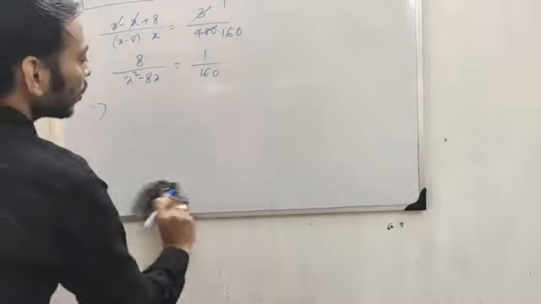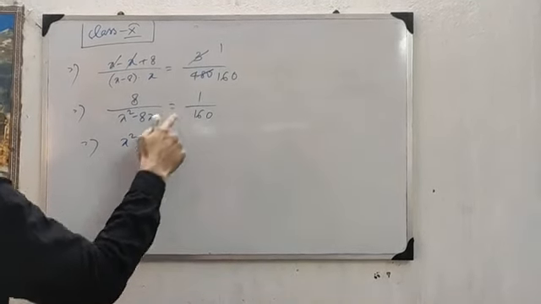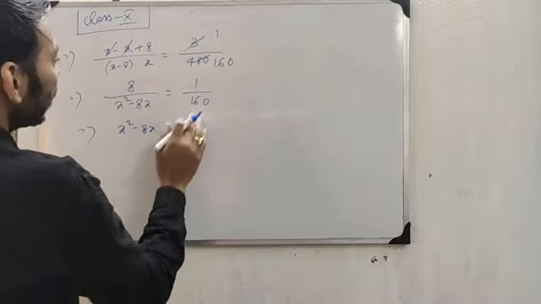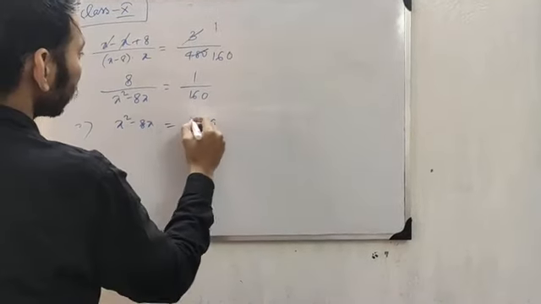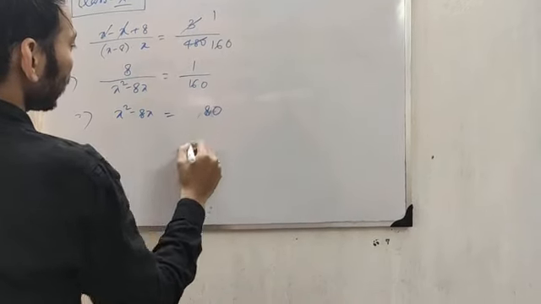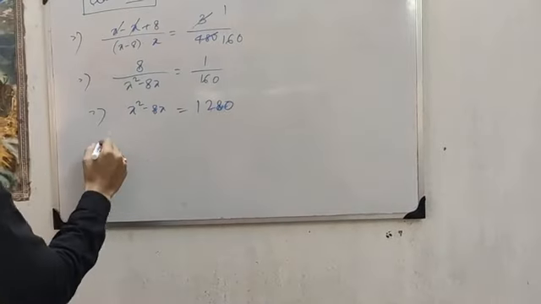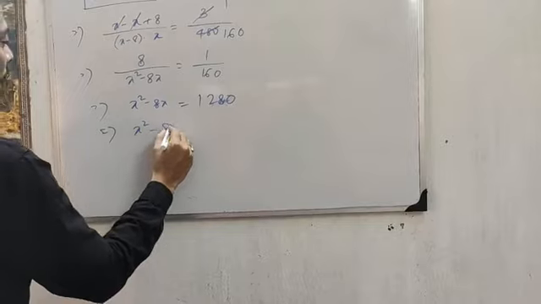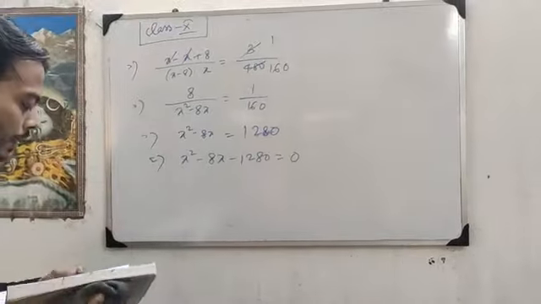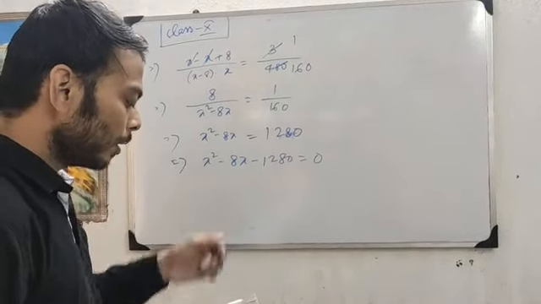After cross multiplication, we get x² − 8x = 8 × 160, so it gives 1280, implies x² − 8x − 1280 = 0. So this is the required quadratic equation for finding the speed of the train.